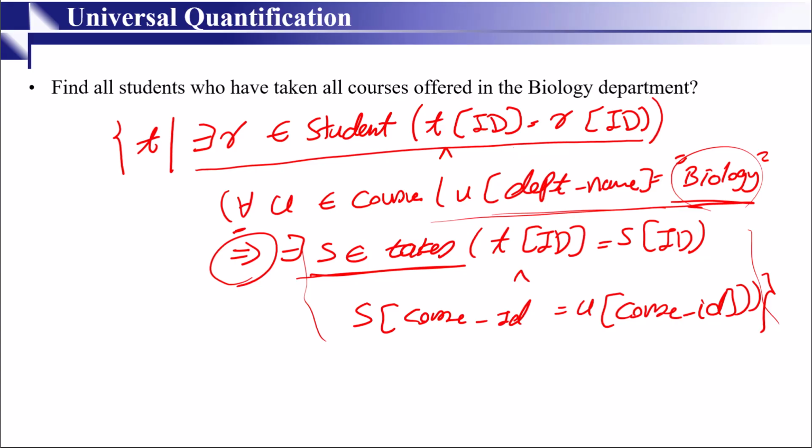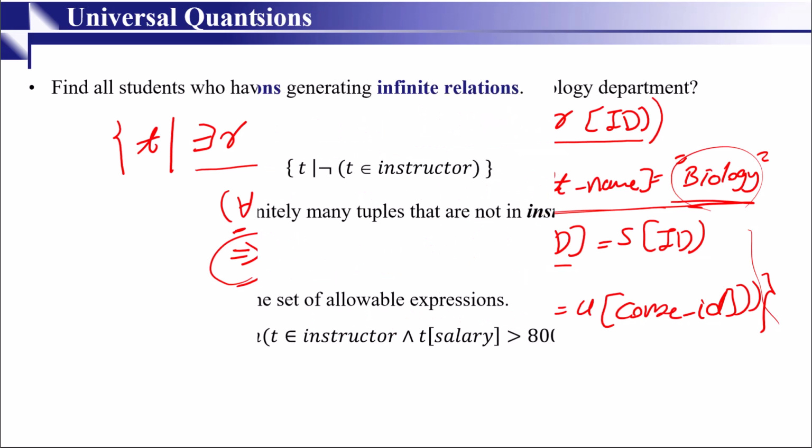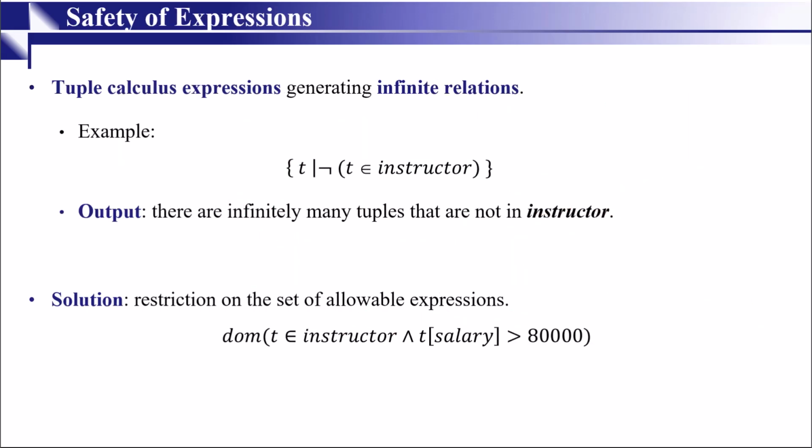This ensures that student T.ID has taken the biology courses U, meaning there is a matching record in the takes table. There exists an enrollment record S where the student took the course U. It is possible to write tuple calculus expressions that generate infinite relations.